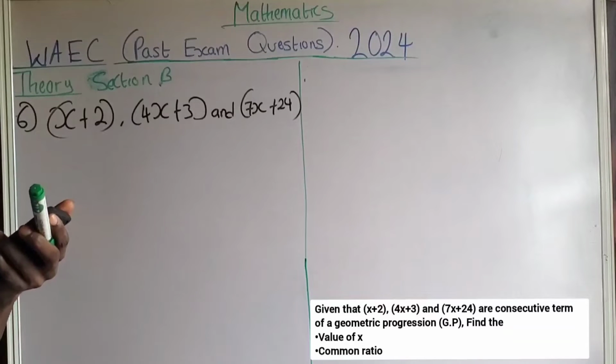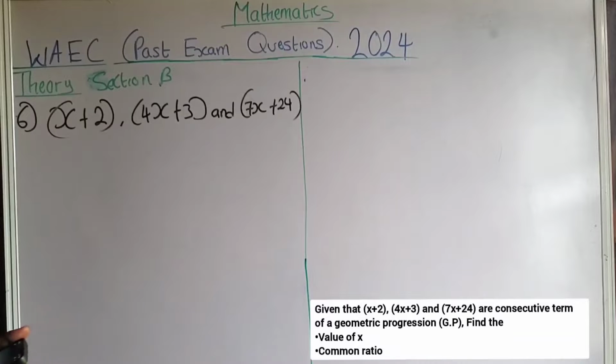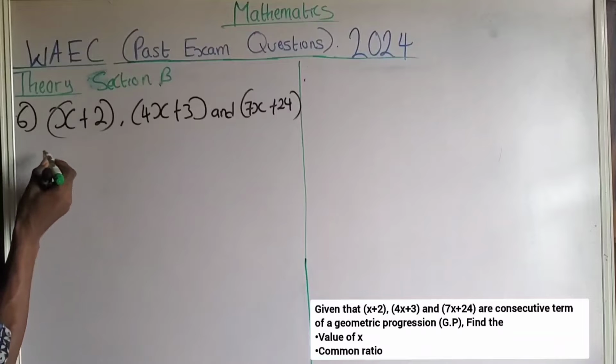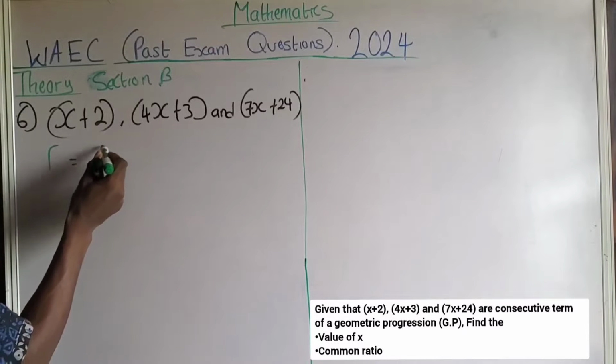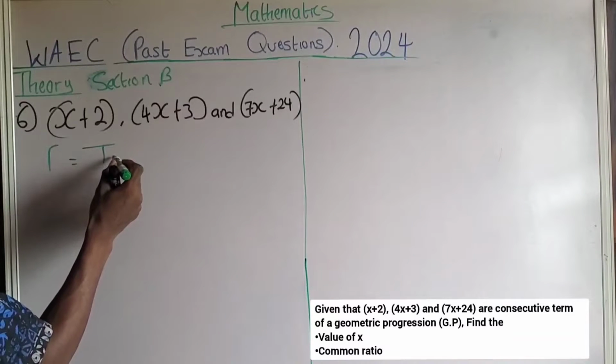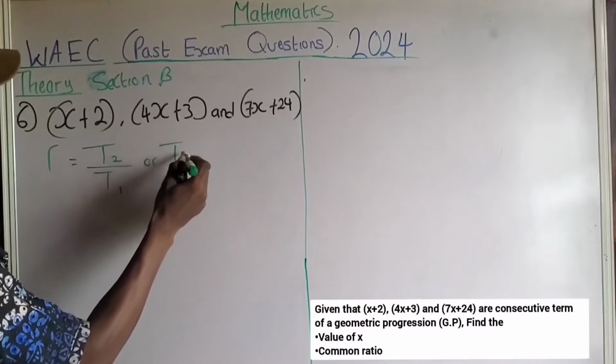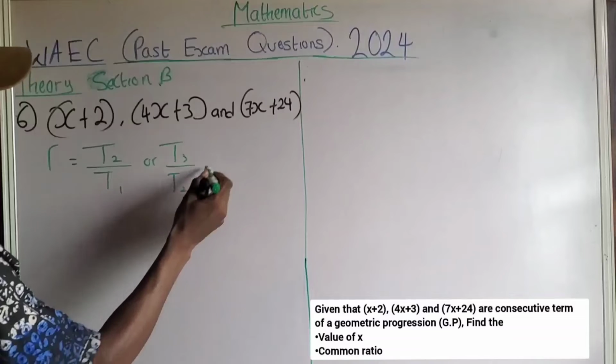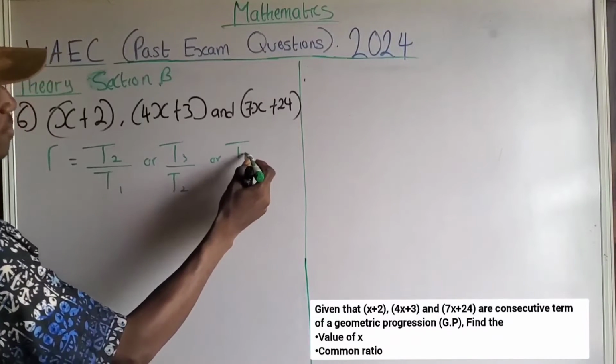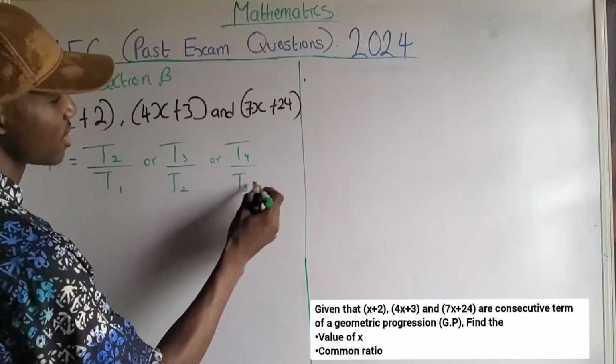Now we are asked to find the value of x. Before we can get the value of x, there are some concepts in geometric progression, for example, the common ratio. Listen. The common ratio is gotten by dividing the second term over the first term, or the third term over the second term, or the fourth term over the third term, and so on.